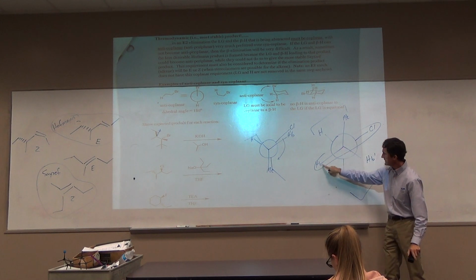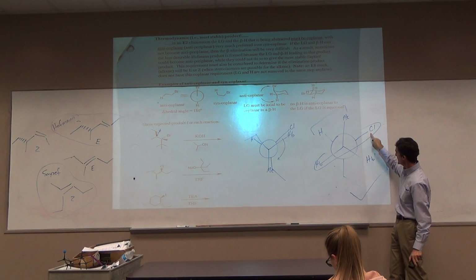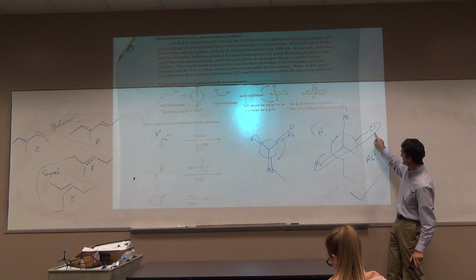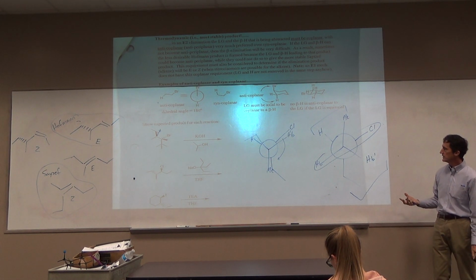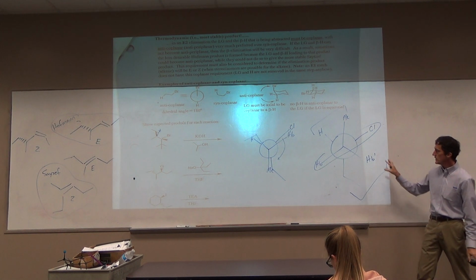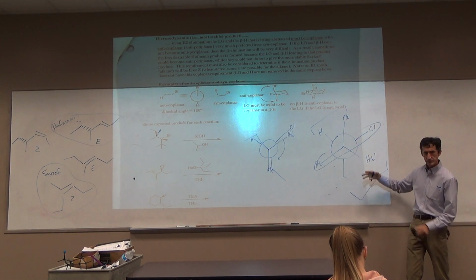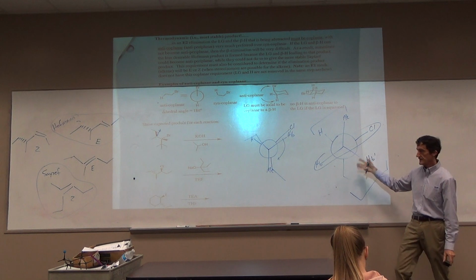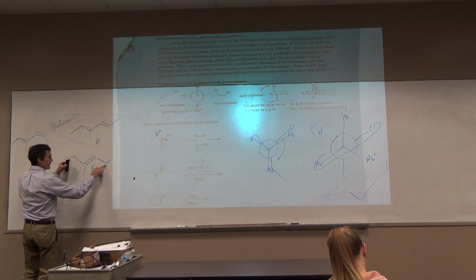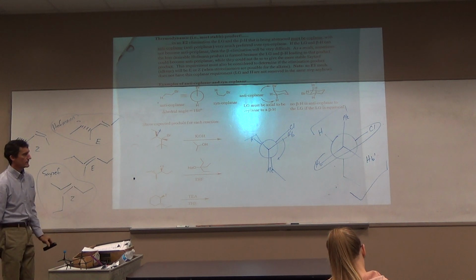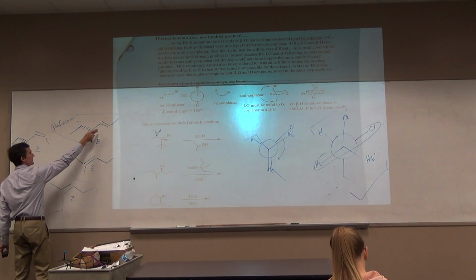I could show this one with this H anticoplanar, but then I could rotate it and put this one anticoplanar. And since you have a choice, you're going to go with the conformation that has the larger groups further away. And that's going to lead to the larger groups further away in the product. So if you have a choice, you're going to get the better one.